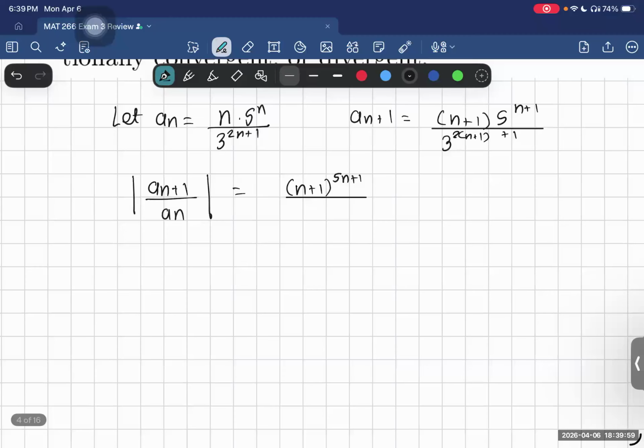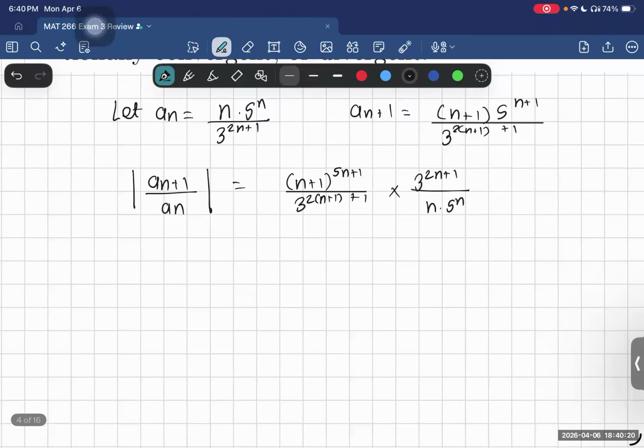Oh, yeah, that was right. Okay, so divide by 3 raised to 2 times (n plus 1) plus 1, multiplied by, so I'll just flip this so it's a multiplication instead of division. So we get 3 raised to 2n plus 1 divided by n times 5 raised to n, right?